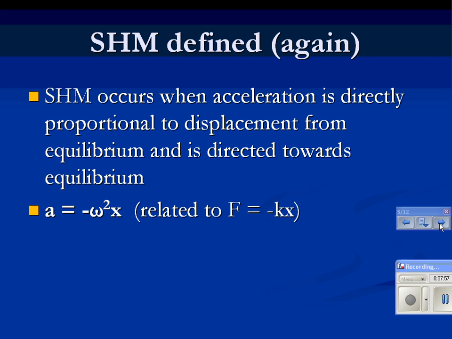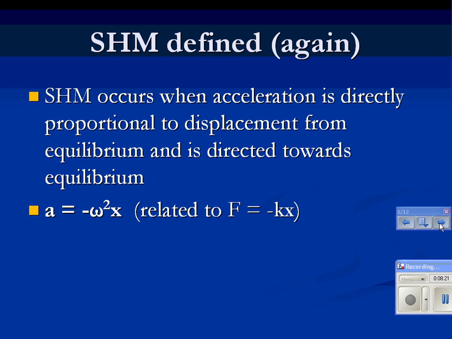So the mass on the spring, the more I pull down on the spring, the more it pulls back. When I release it, the result is simple harmonic motion. If I have a bowl with a marble in it, and I pull it up to the side, there's going to be a force trying to pull it back to equilibrium, and it will oscillate back and forth around that. A pendulum, another classic example.